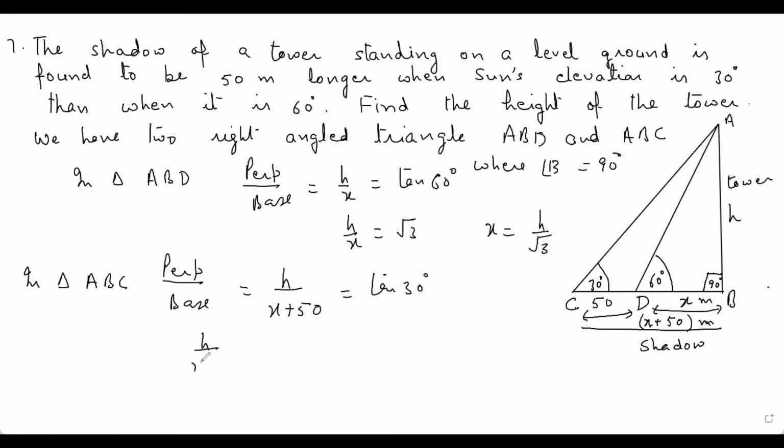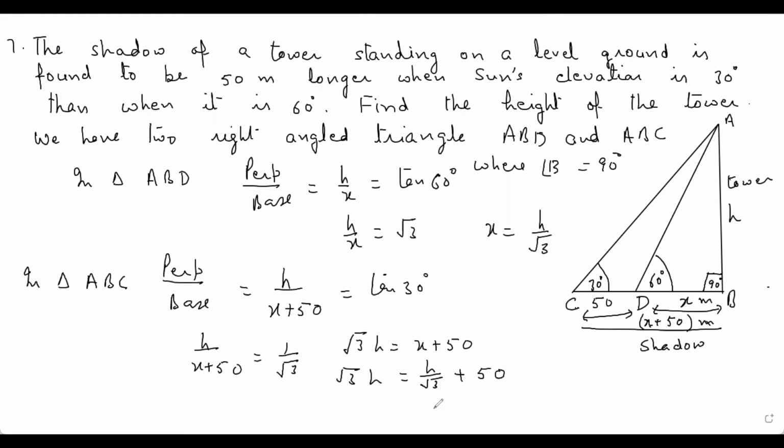H upon x plus 50 is equal to 1 by root 3. Root 3h is equal to x plus 50. Root 3h, instead of x, write h by root 3 plus 50.